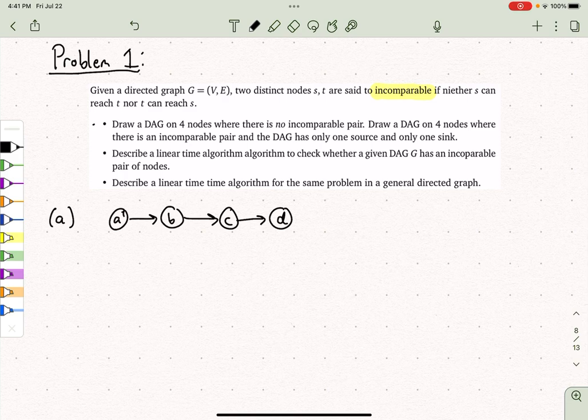So for every node, let's say C, either C can reach that node, so C reaches D, or the other nodes reach C. So C is not incomparable with any of those nodes. And you can use the same argument for the other ones.